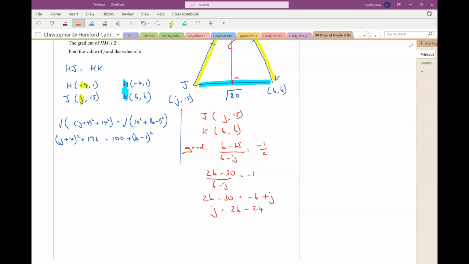Now look at this. I'm going to take that expression for J and substitute it into here. So there, where I've got J plus 4 squared, I'm going to think about that as 2K minus 24 plus 4. So that is 2K minus 20 squared plus 196 equals 100 plus K minus 1 squared.